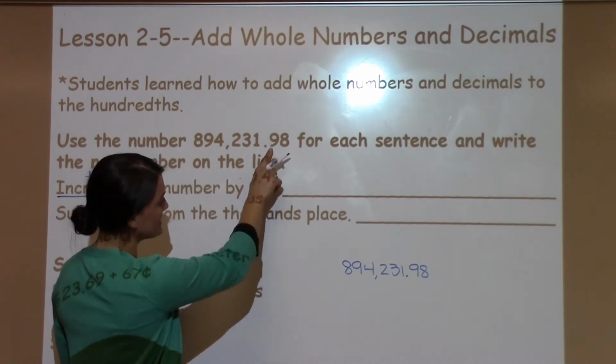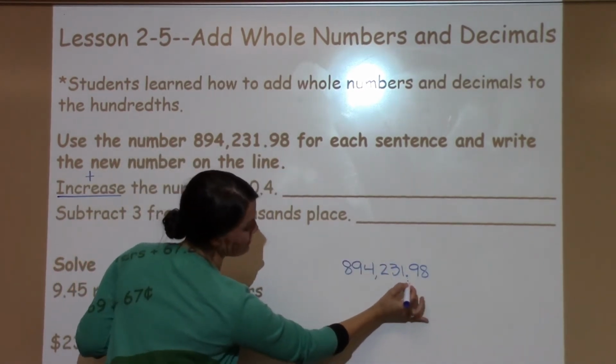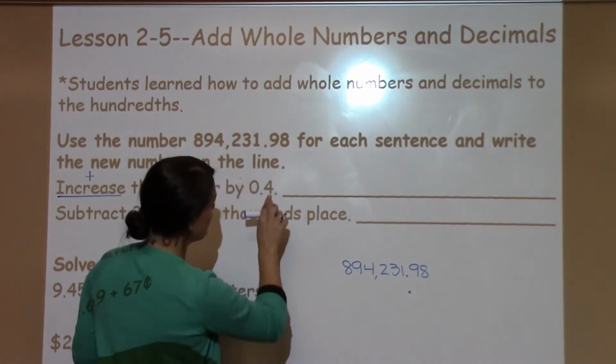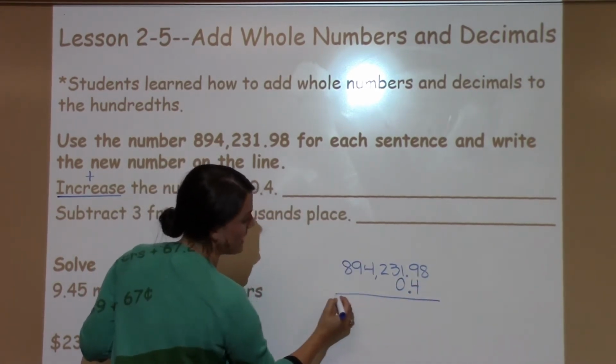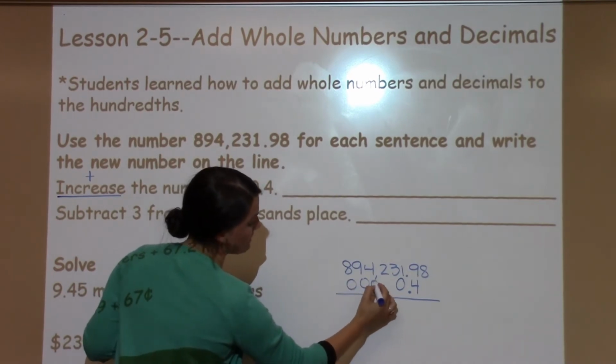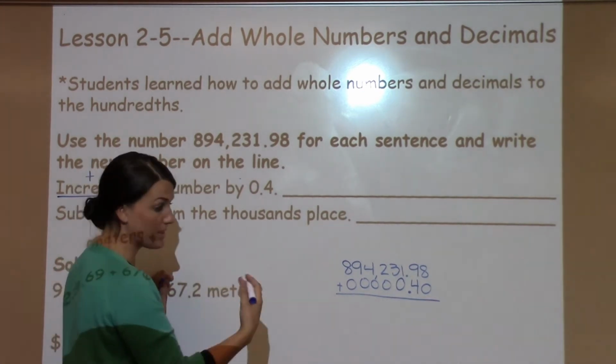We say that a lot in math class: line up the decimal points. So if I have my decimal point here, I'm going to drop down another decimal point so they're completely lined up, and then place my 0 and my 4/10. Everything else I could place zeros in front of or behind in order to hold the place.